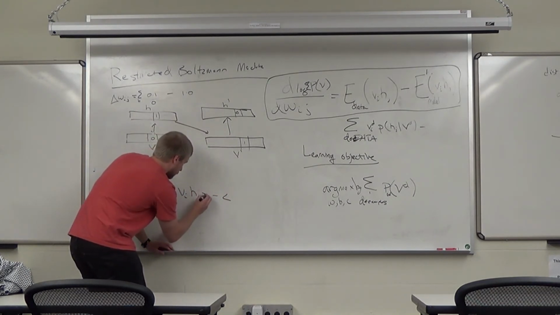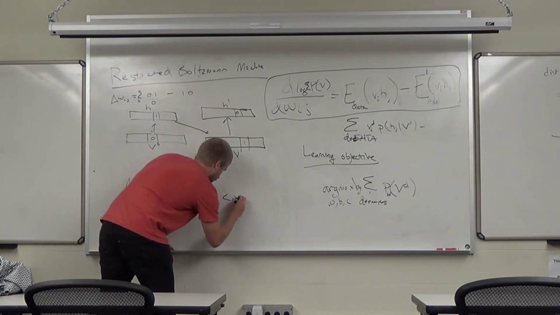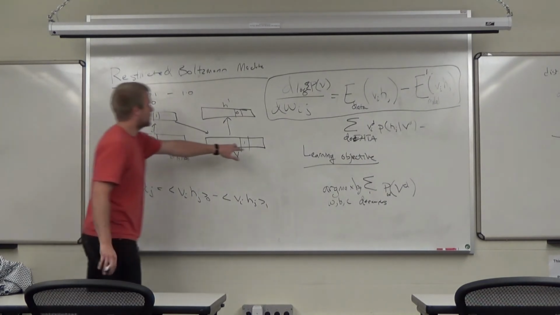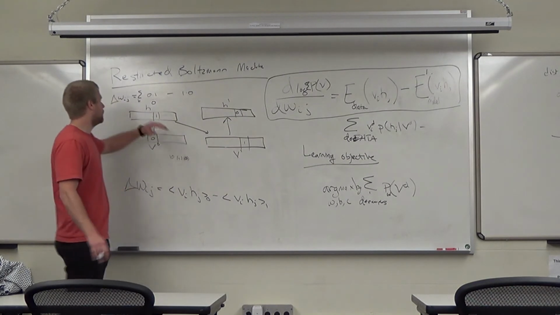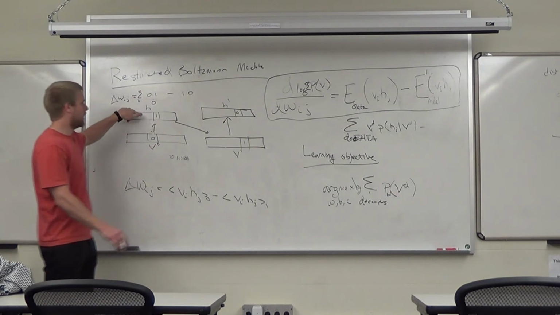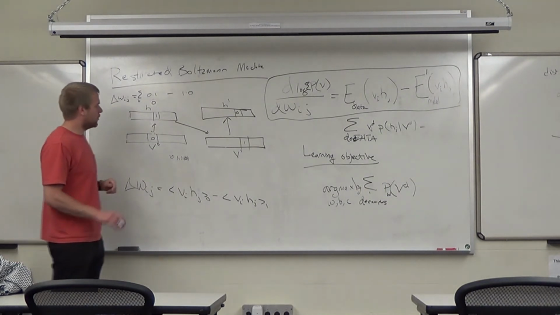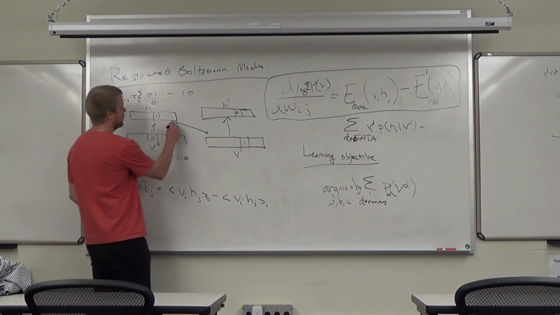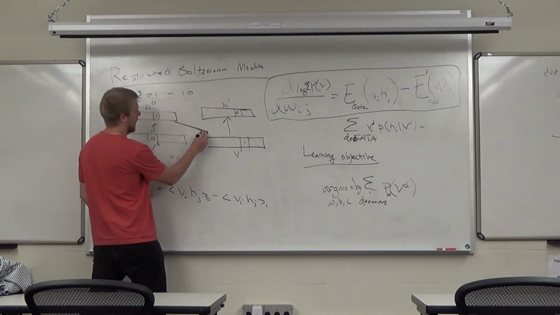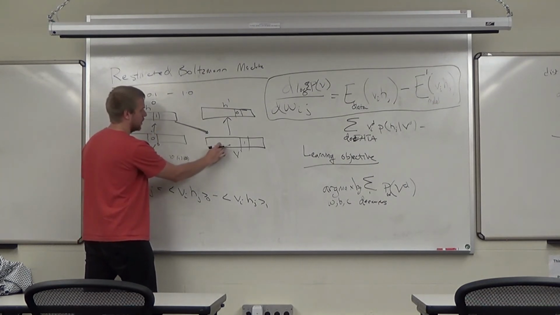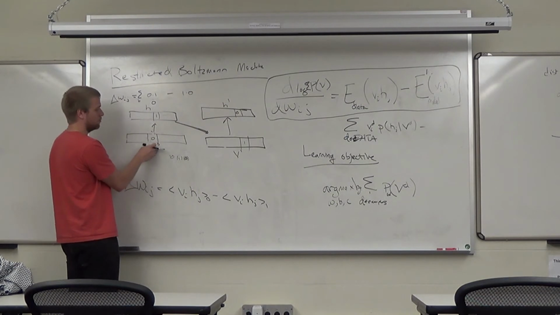So you can think of this as what the model thinks the visible layer was, because this is its guess given the activation of the hidden layer. And so what we want is for this to be very close to this. So we want to push the reconstruction to be what we think it should be.